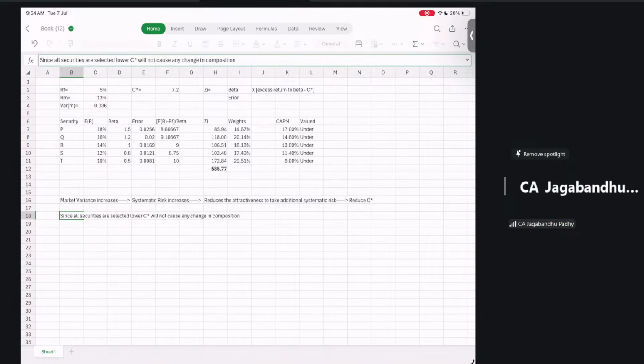Since we are selecting all the securities over here, even if your C star reduces, it's not going to have any impact on the composition.